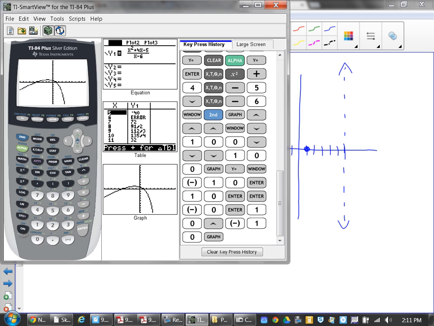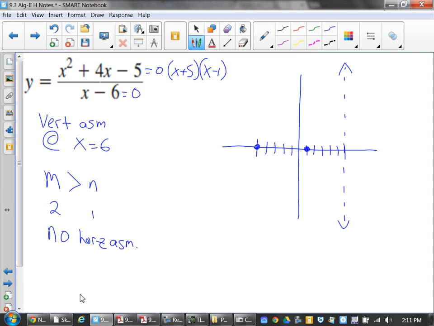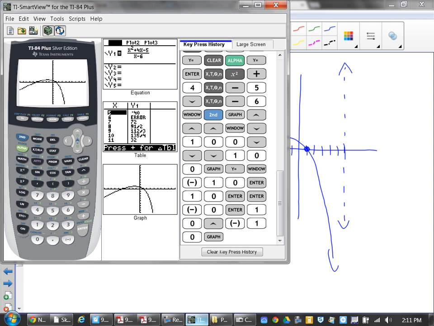Okay. Now, that's only giving us a piece. Is it possible there could be something else going on the other side of the asymptote? Yeah. How could you tell what it is? Change the window, or even easier.